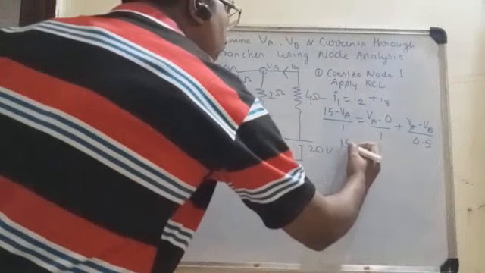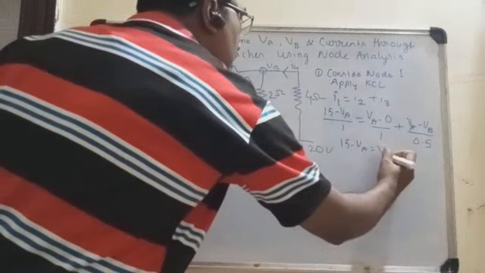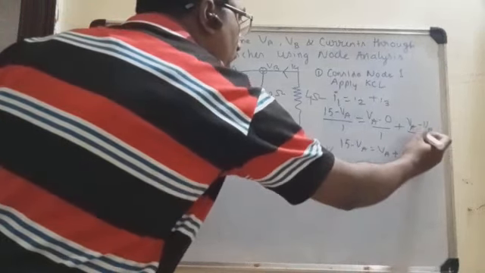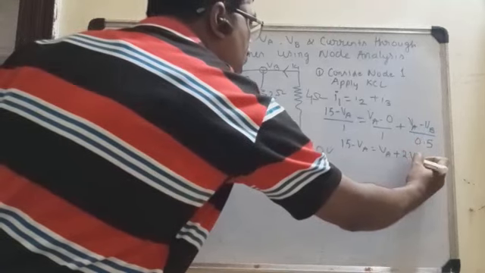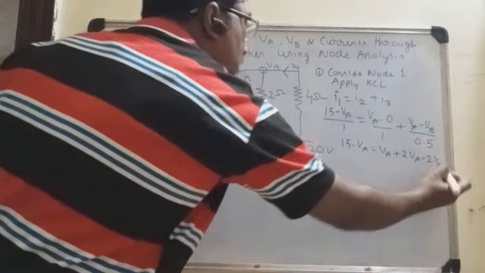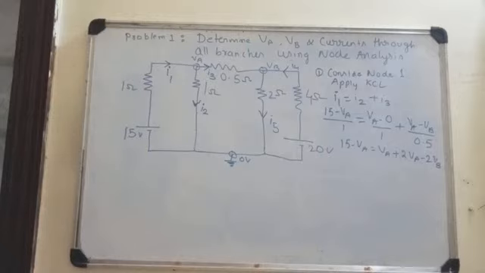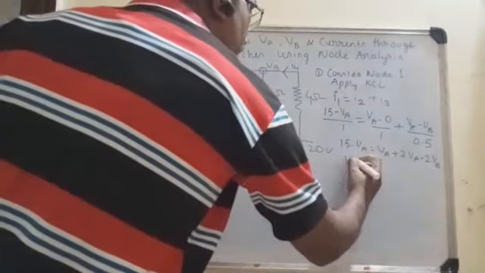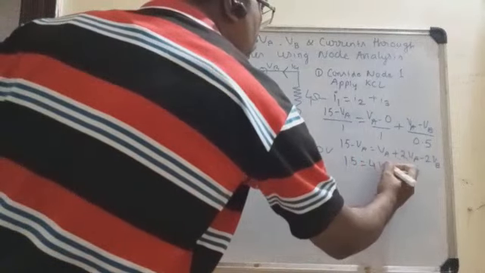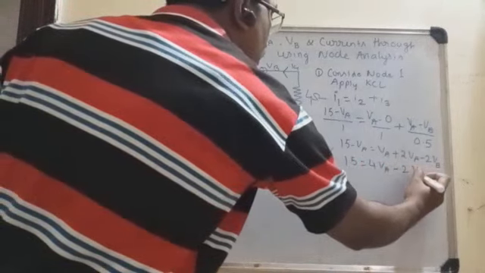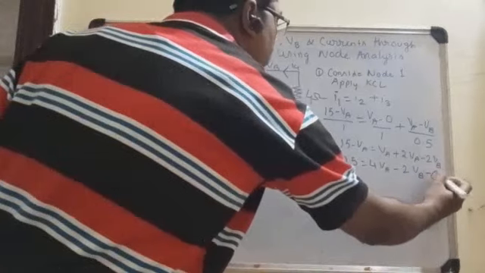Solving this, 15 minus VA equals VA plus 1 by 0.5, which can be written as 2, so 2 VA minus 2 VB. So 15 equals 4 VA minus 2 VB. Call this equation 1.